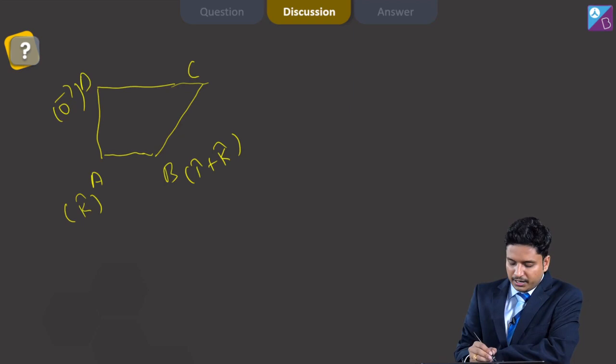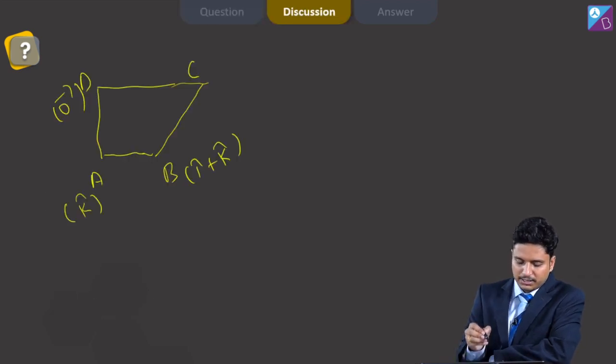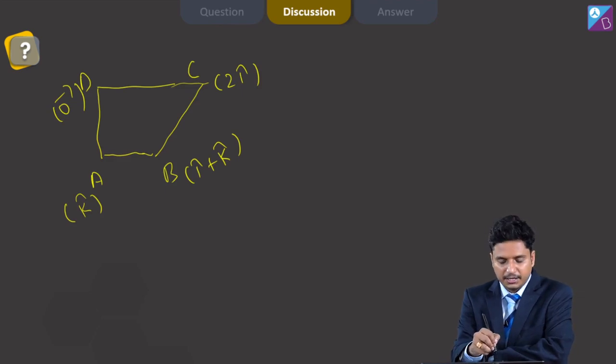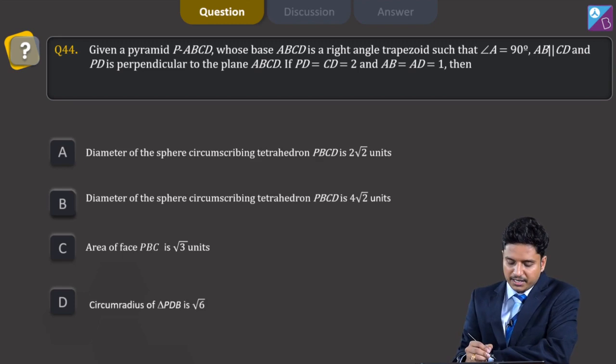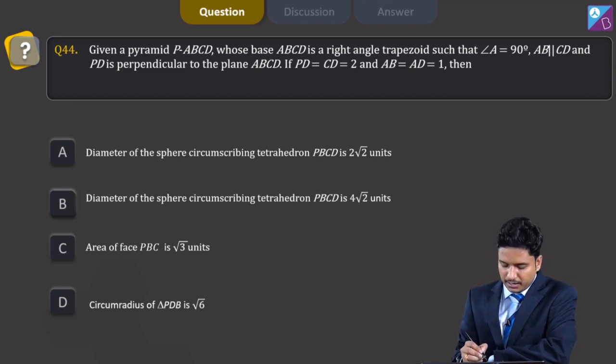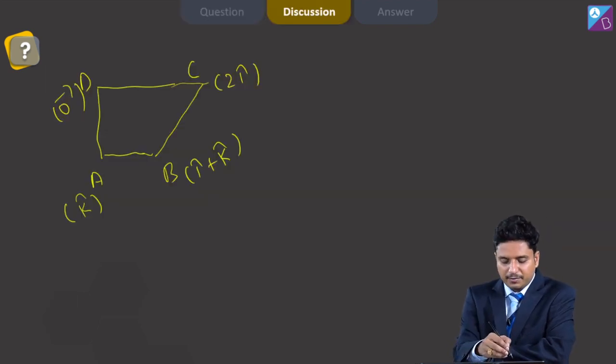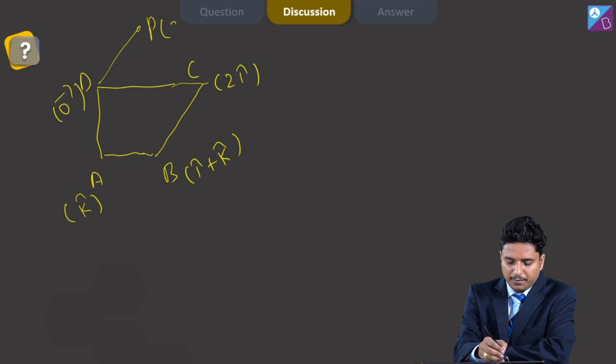CD is actually of length 2, so this is 2i cap. These are the points ABCD. And what about PD? PD is given to be 2 and PD is moreover perpendicular to this plane. So that is why the P coordinate will be equal to 2j cap.